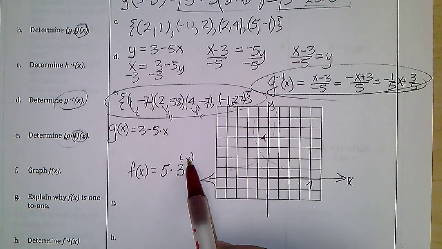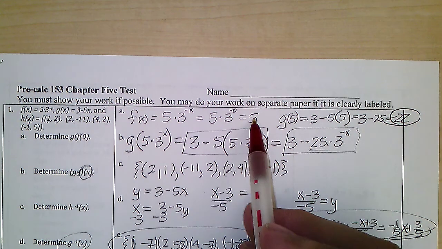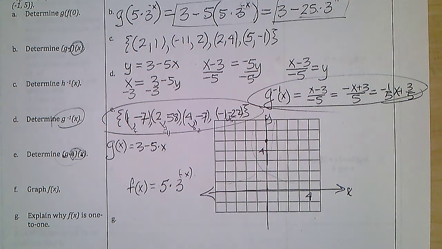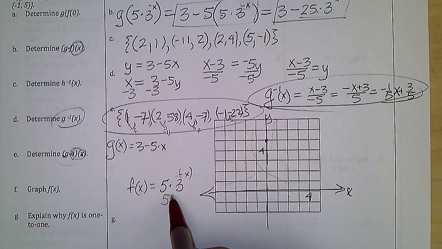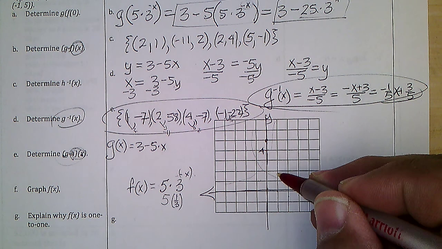Now if I put in 0, 3 to the 0 we found out was 1, and then times 5 was 5. So at 0 it's at 5. At 1, 3 to the negative 1 is 1/3, so 5 times 1/3 is 5/3, or 1 2/3.